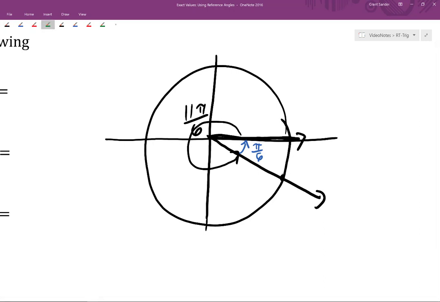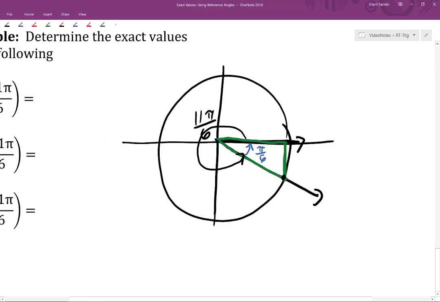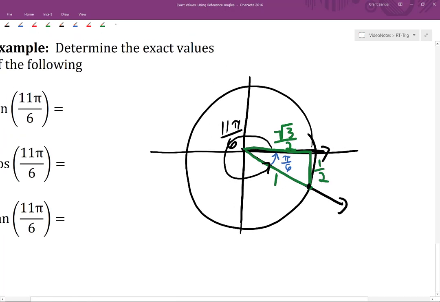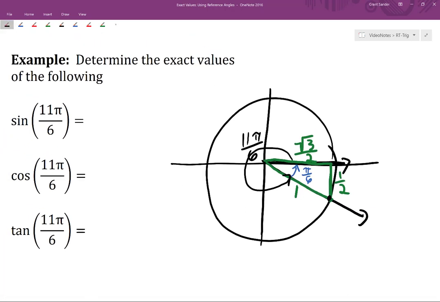So we can actually draw in a right triangle here. So we'll draw this in. Based on what we know about 30, 60, 90 triangles, or pi divided by 6, pi divided by 3, pi divided by 2 triangles, we know that this shorter length is 1/2 hypotenuse lengths. The longer side here is square root of 3 divided by 2 hypotenuse lengths, and then we have a hypotenuse of 1 hypotenuse length, which then tells us cosine should be related to square root of 3 divided by 2, and we're going to pick the positive value there.